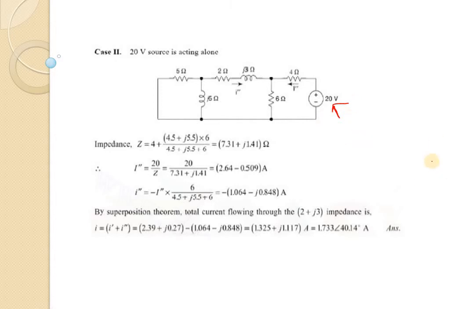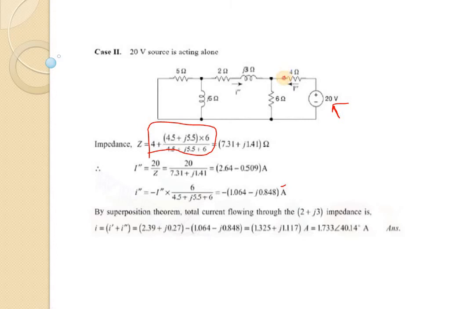In a similar way, we will calculate the total impedance, that is Z here, as per the previous calculations we have made. We have to define which one is series resistance and which one is parallel.